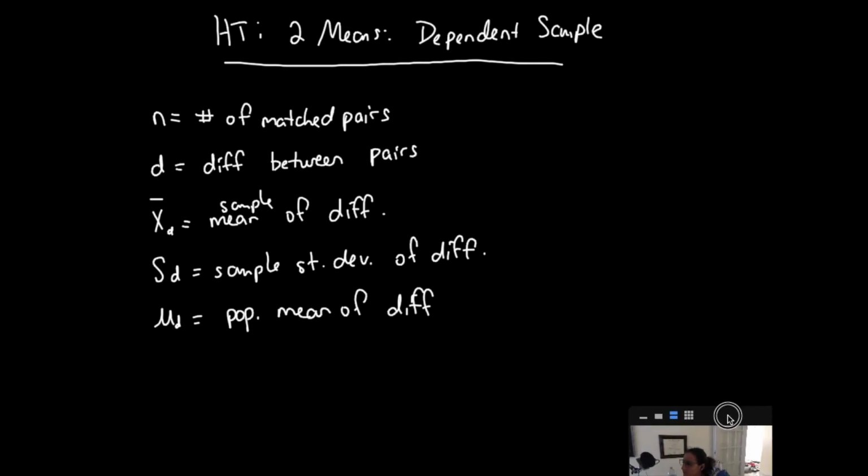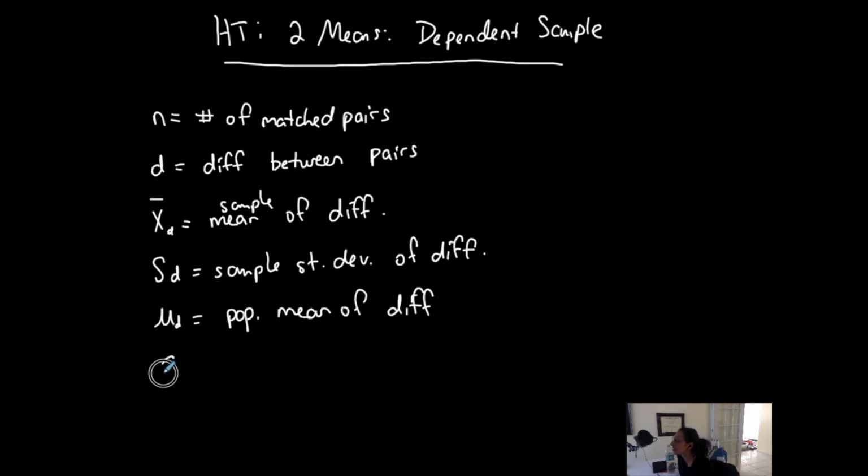And then, you're not going to really see sigma D, but if you did, that would be the population standard deviation of the differences, or the standard deviation of the differences for the population.